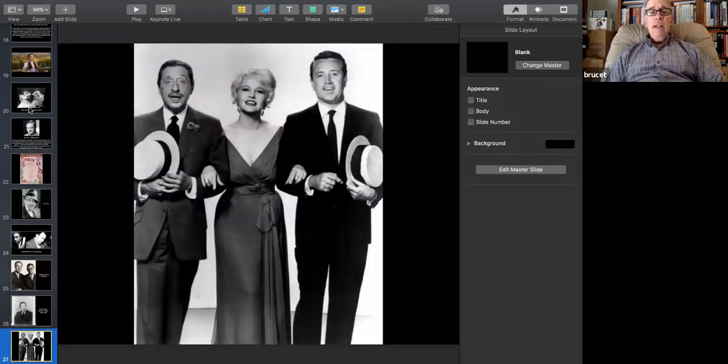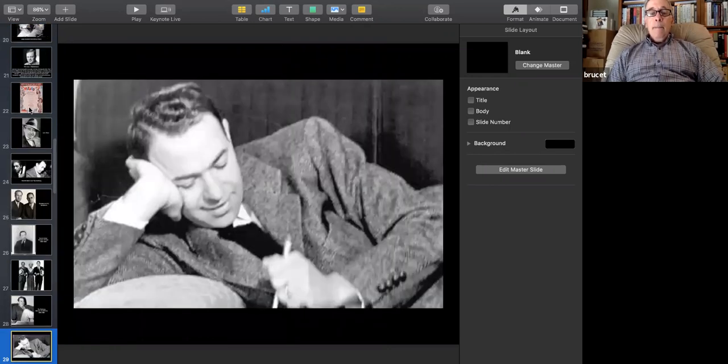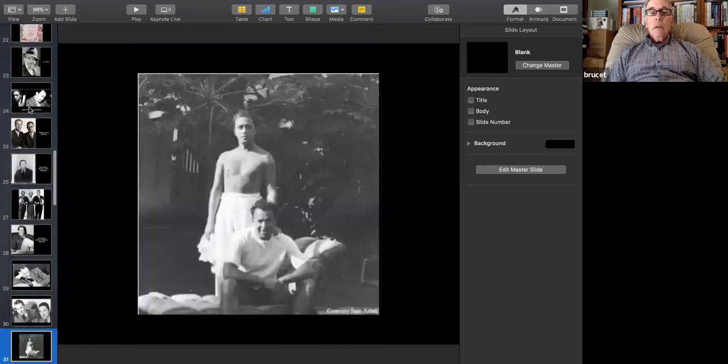There he is later in his career with the great Peggy Lee and Vic Damone. Yip Harburg, the lyricist, was born Isidor Hochberg. Couple of photographs of him. There, the two of them together. Again, relaxing together at the pool.